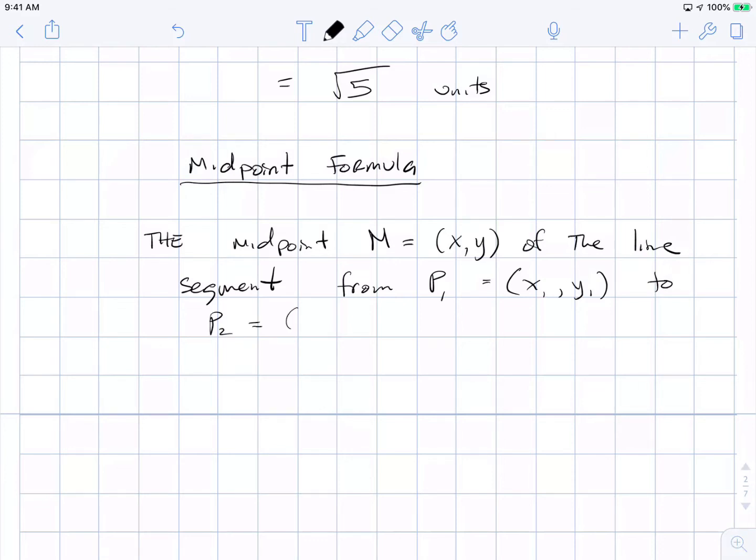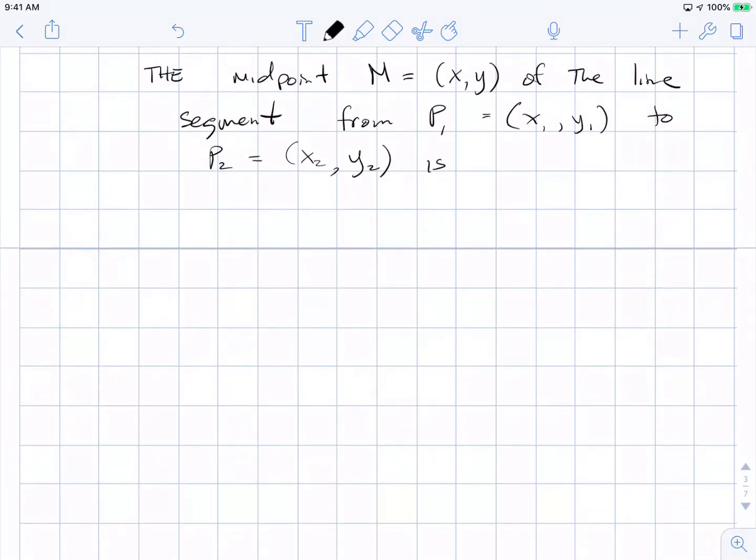And P2, and that will be that subscript of 2, will be this. It's going to be the midpoint, that coordinate x, y is going to be the first x plus the second x divided by 2, and then comma, the first y plus the second y divided by 2.